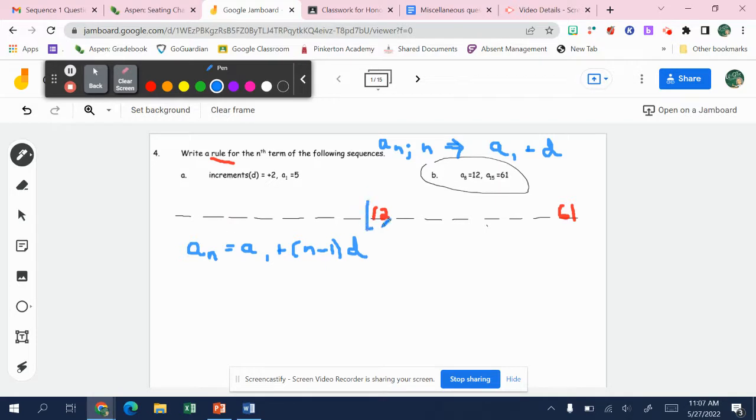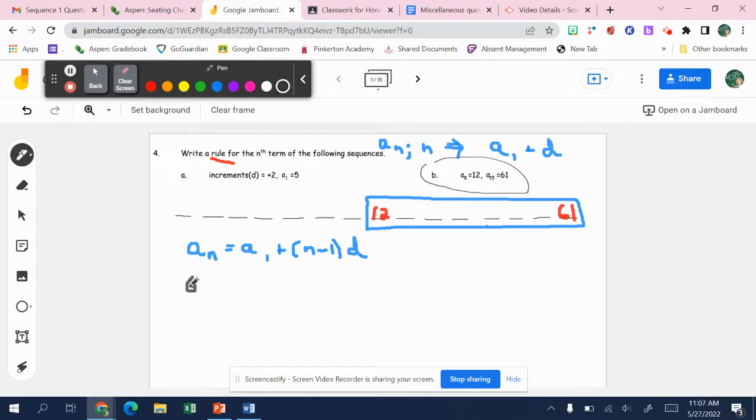So let's just pretend that this is my only piece of the series right now. And I can say, well, in this case, my A1 would be 12 and my AN would be 61. So let's just write that in.